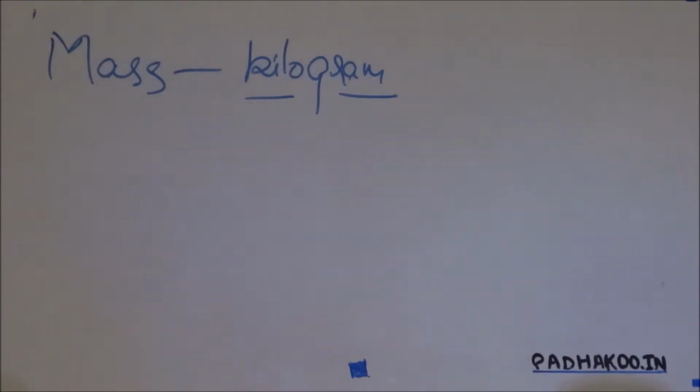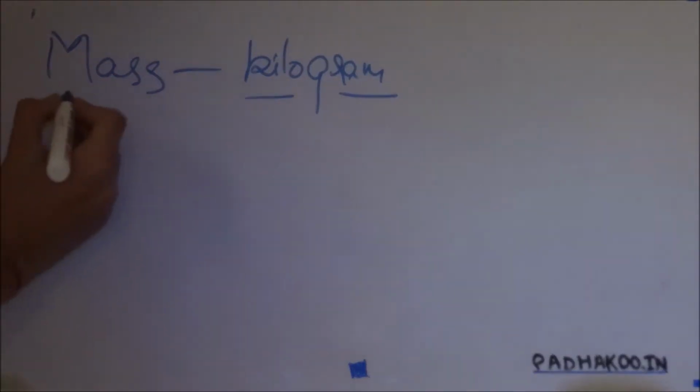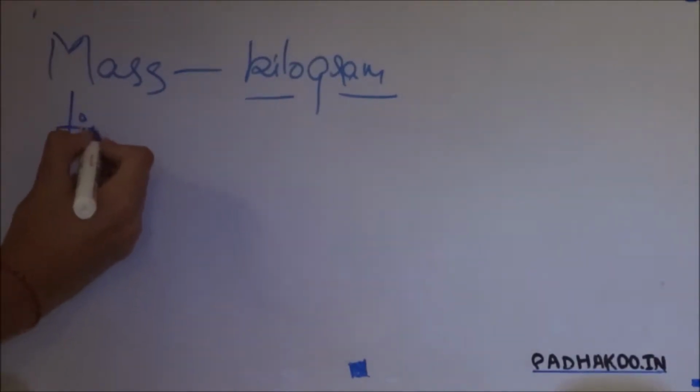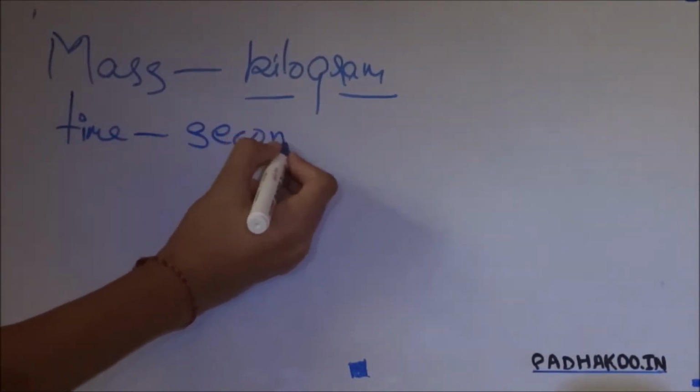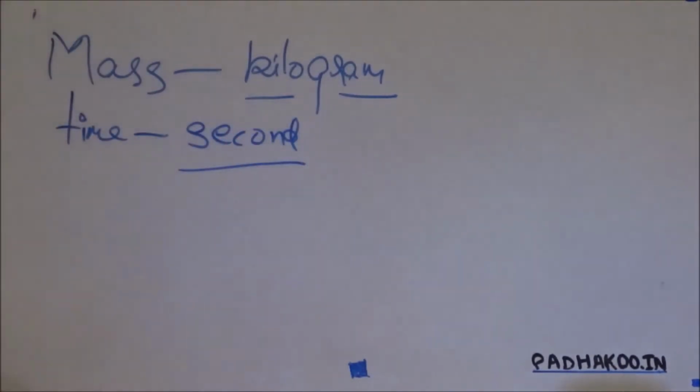Then let's go to the third unit, the unit of time. As we all know, it is the second. I write second only, not S. We could have defined 1 second as the time taken by light to travel a certain distance, but that's not good.